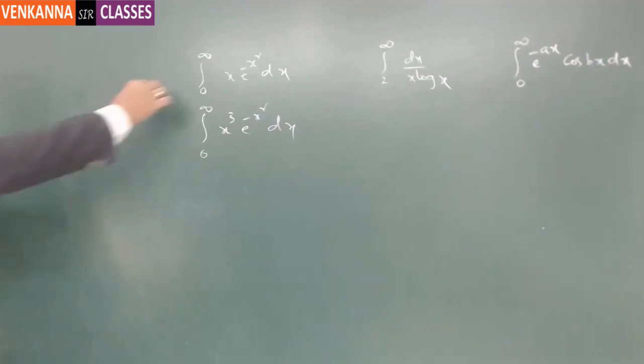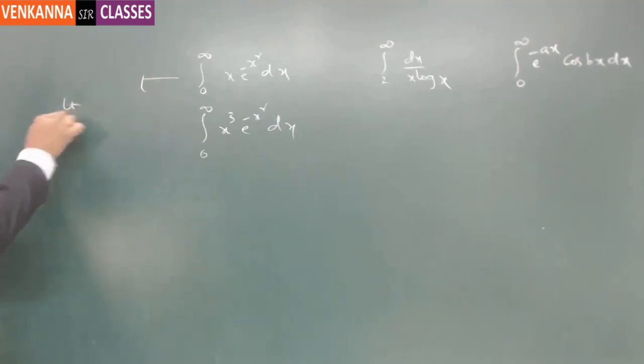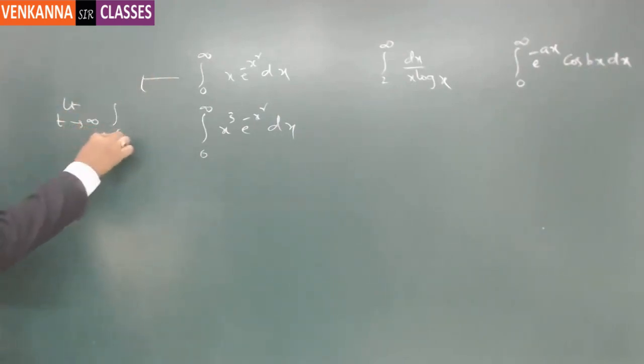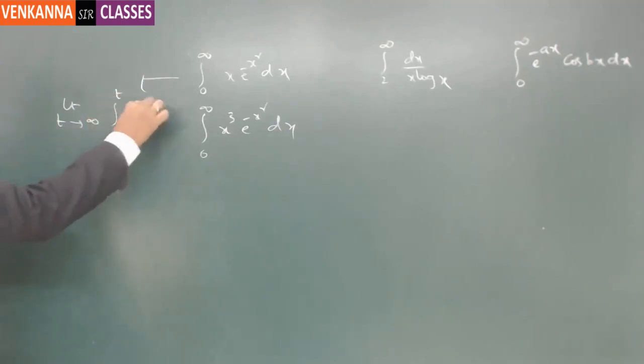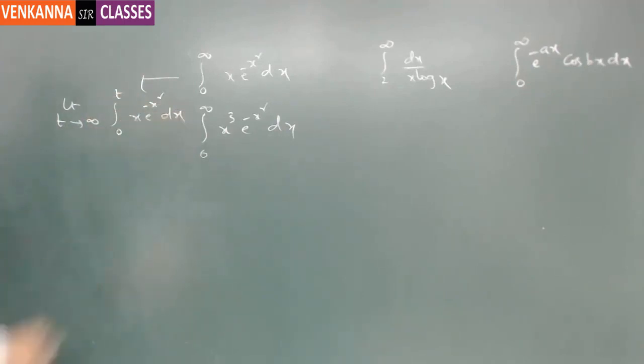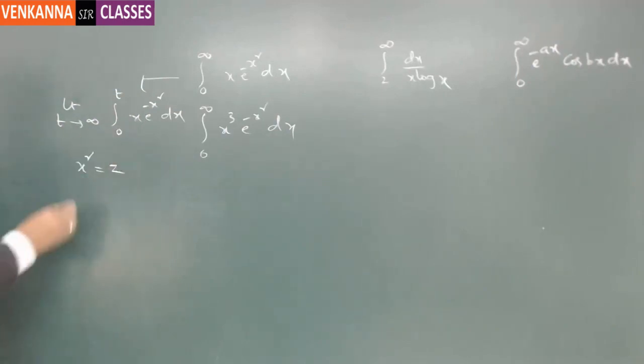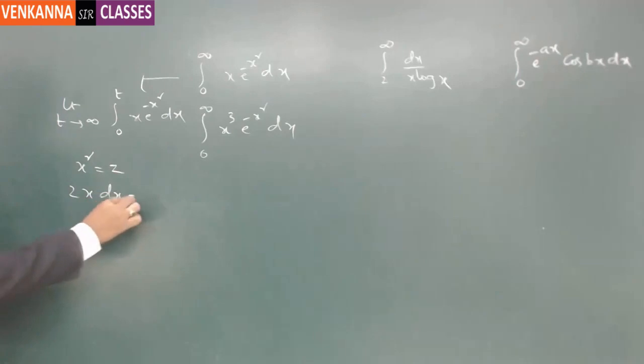So for the first one, it is nothing but limit t tends to infinity integral 0 to t x into e power minus x square dx. And how are we doing it? Let us take that x square equal to z. So 2x dx is equal to dz, and you can vary the limits here. How will the limits vary here? Since x is varying from 0 to t, you have to take the same things.